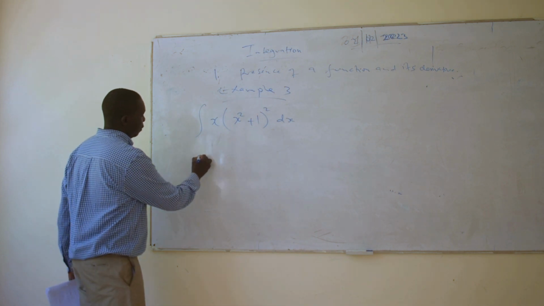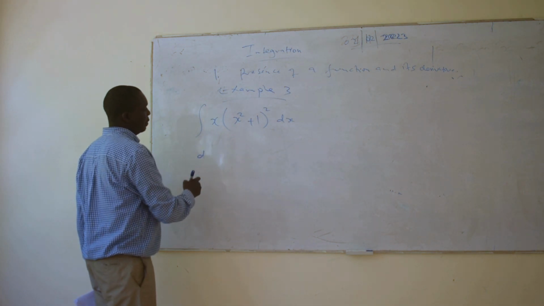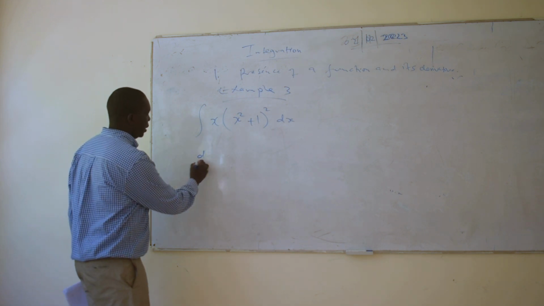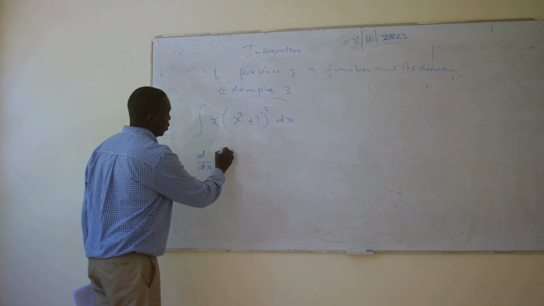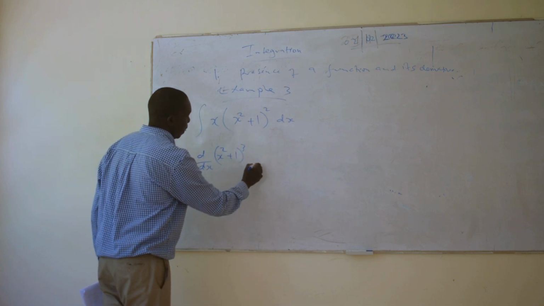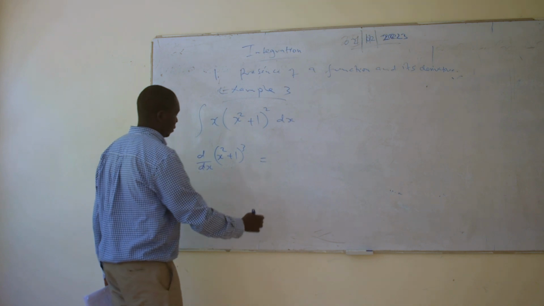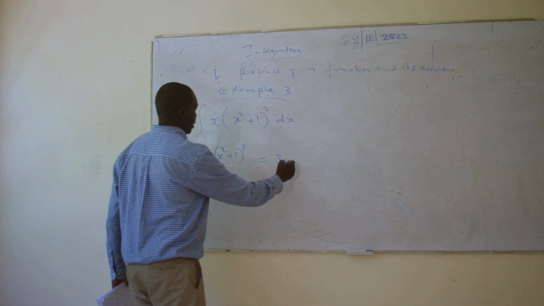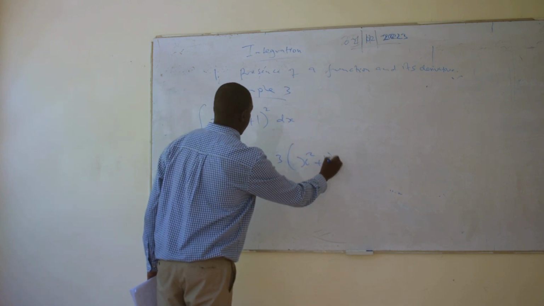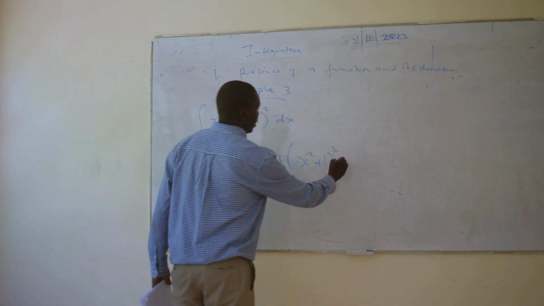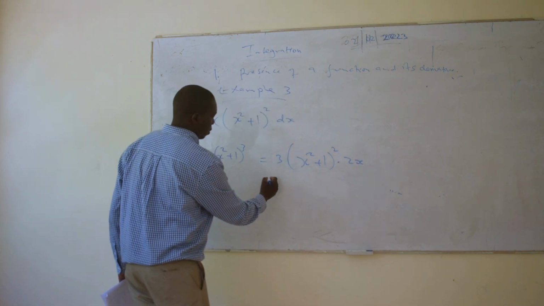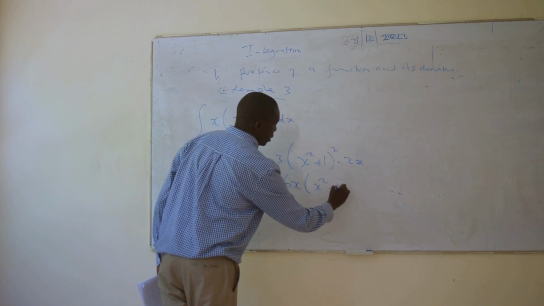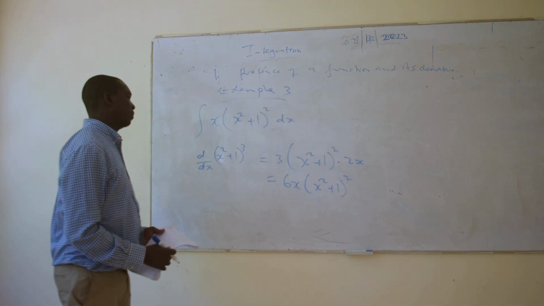Now the derivative of (x squared plus 1) raised to the power 3 gives us 3 (x squared plus 1) raised to the power 2 times 2x, which is equal to 6x (x squared plus 1) raised to the power 2.